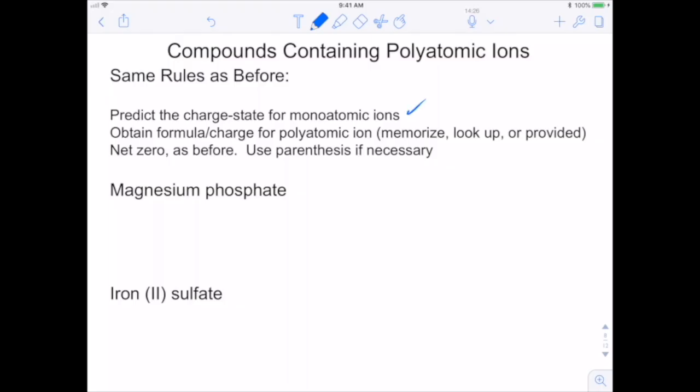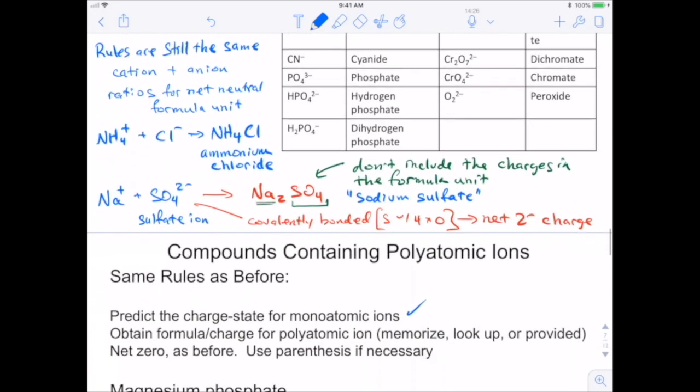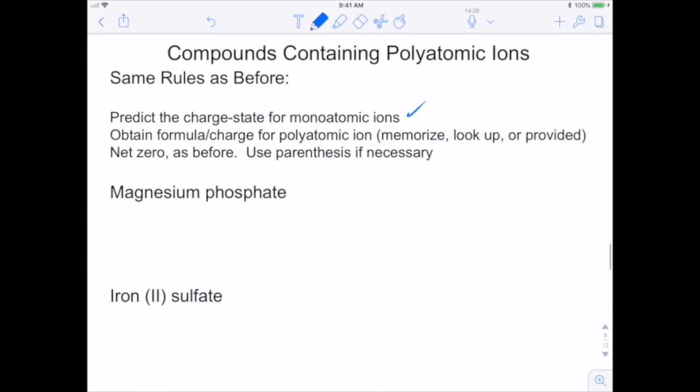And then we need to obtain the formula and the charge state for the polyatomic ion, and you would either have to memorize them from using them over and over again, look them up in a table if the table is provided like this, or they would be provided for you on an exam. And then, as before, you want the ratio of the cations and the anions to be such that in the compound they are net zero in the end.